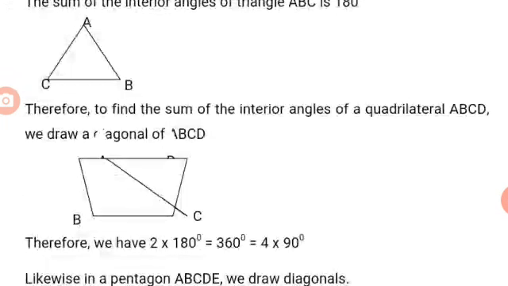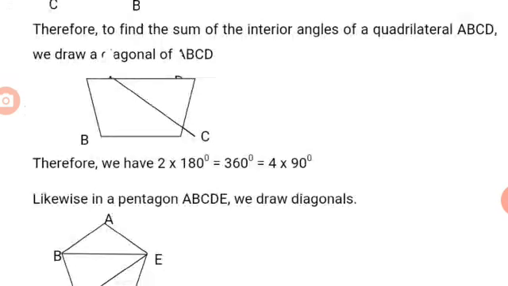And these two triangles give us 2 times 180 degrees, where 180 degrees is the total of the interior angles in each triangle. So when we multiply 2 by 180 degrees, it gives us 360 degrees, which is also equal to 4 times 90 degrees. That is 4 times right angle.